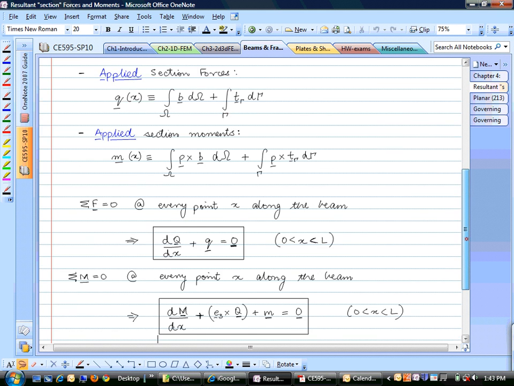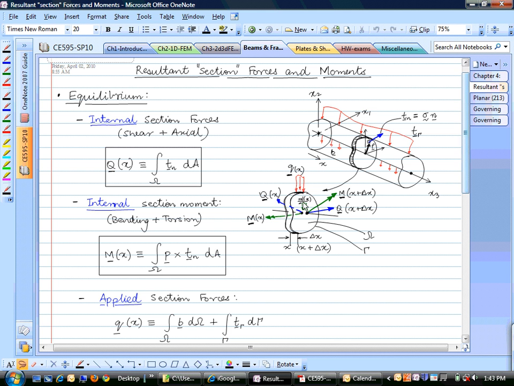And we saw that if you plug in all that and take a small slice of your beam, draw the free body diagram of that slice, you have Q, which contains all the shear forces and all the axial forces. Q at x plus delta x on this face.